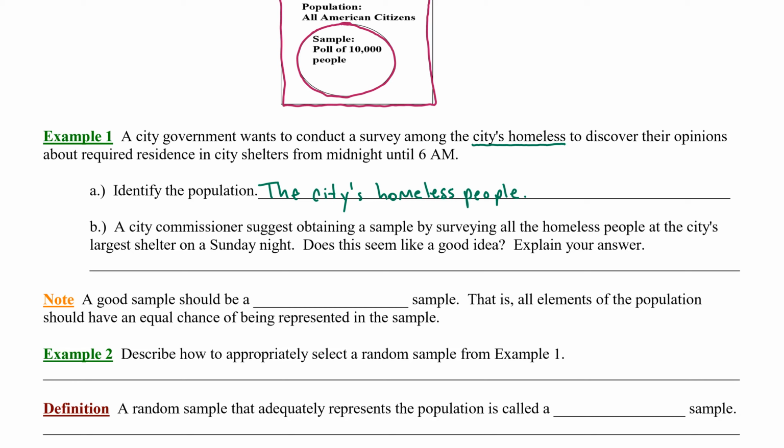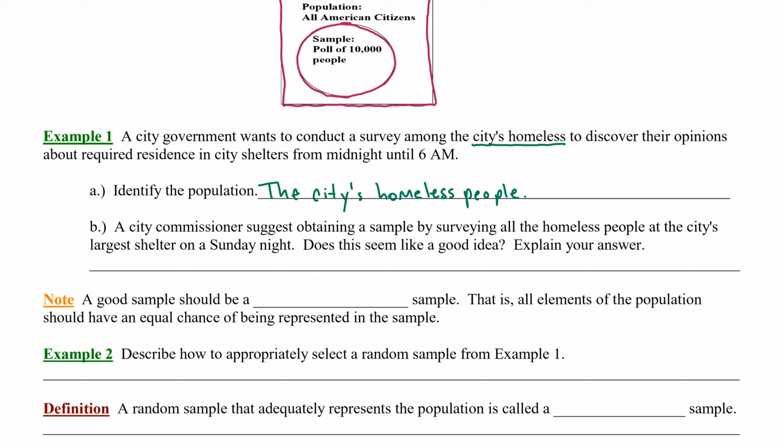Well, if we go to the people that are already in a shelter on a Sunday evening, they might be more likely to support the law that would require residents in a city shelter because they are already there by their own free will. However, what about the homeless population who might not favor such a proposed law? They are not represented in this sample.